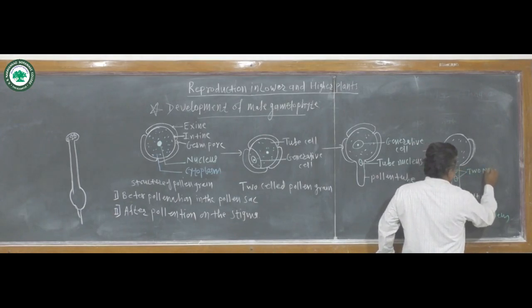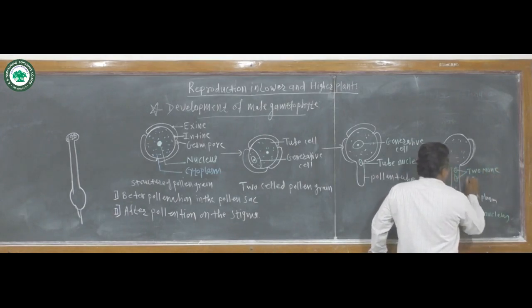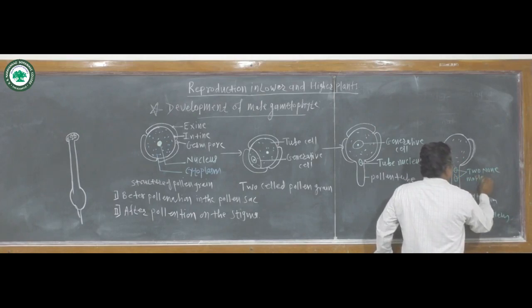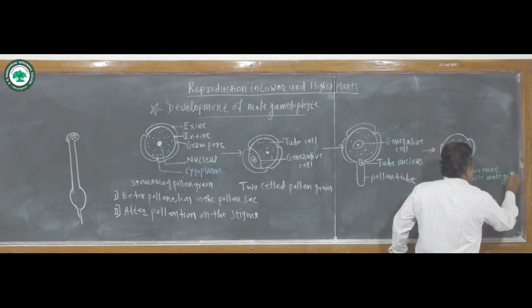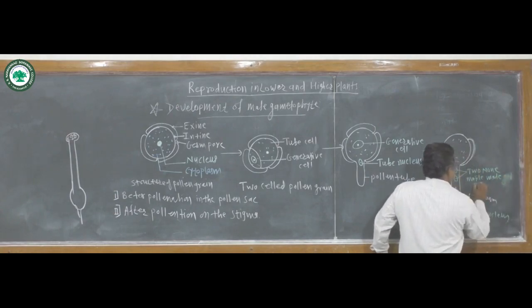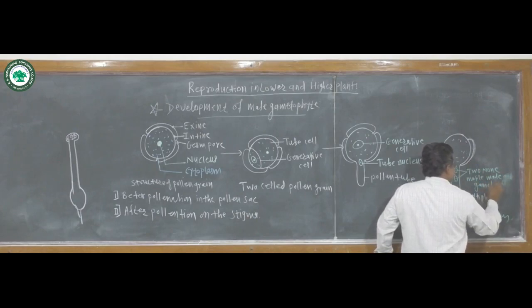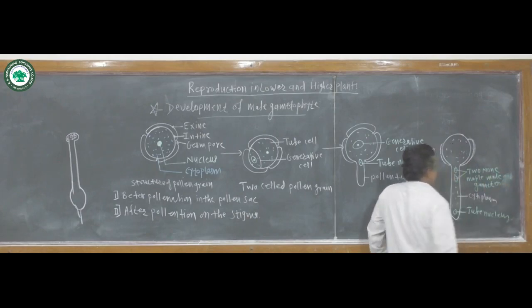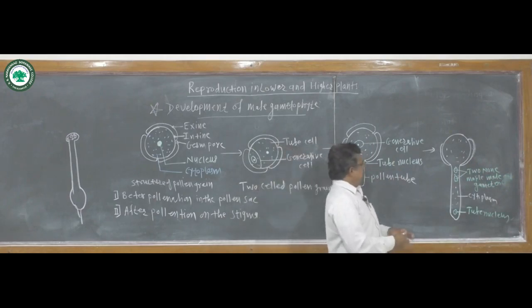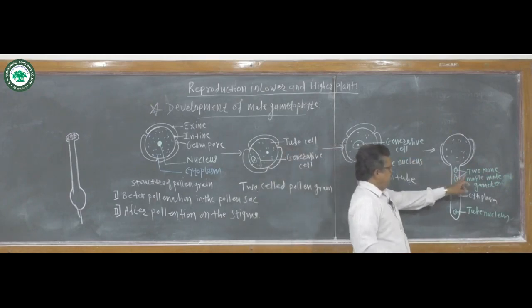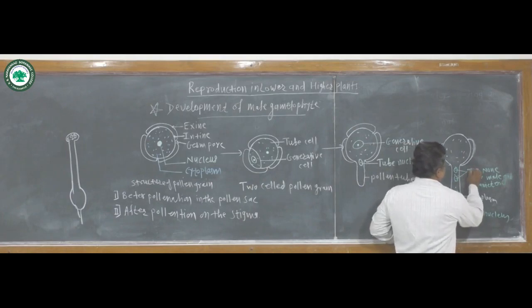Two non-motile male gametes, where the generative cell divides mitotically to form the two non-motile male gametes.